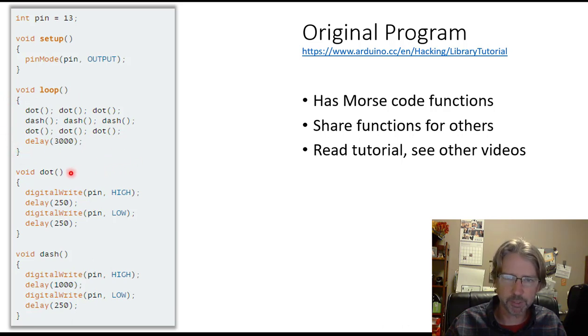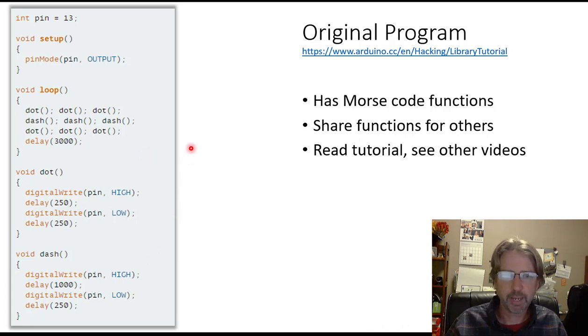And there are functions for dot and functions for dash that turn a pin on and off and blink the Morse code. So someone else in your company says, oh, these are great, we're going to use Morse code in every one of our products, and we don't want to have to reinvent the wheel every time, so can you make these a library that we can share with all of our employees and make this code very modular?